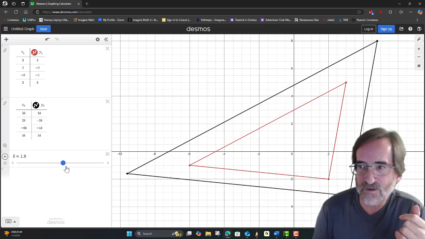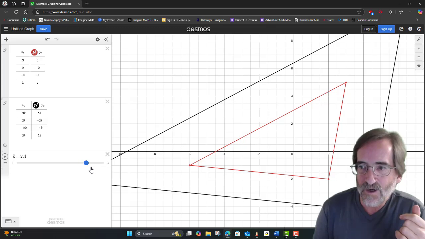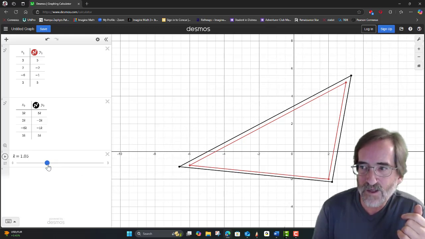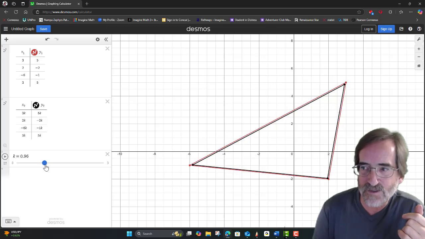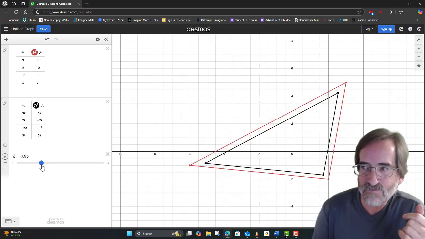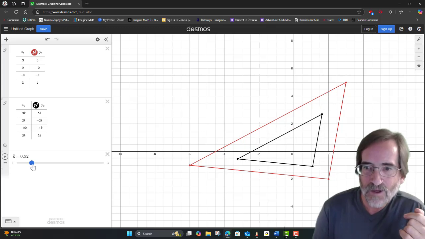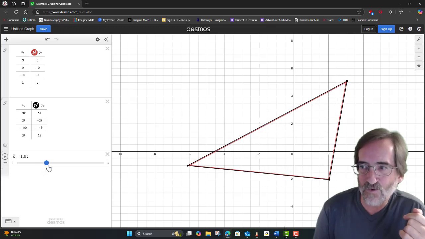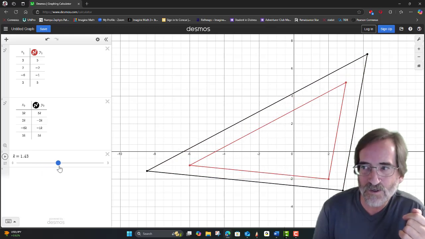It gets bigger and bigger and bigger, right? When k gets smaller than 1, the scale factor gets smaller than 1, it gets smaller, it reduces. So a scale factor between 0 and 1 will result in a smaller shape, and a scale factor greater than 1 will result in a larger shape.